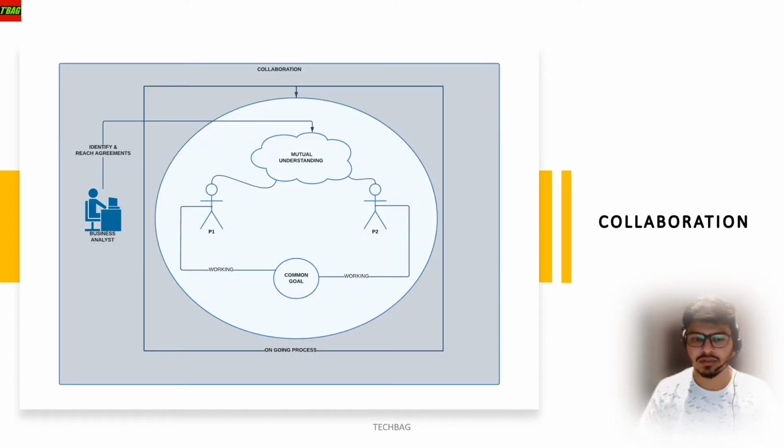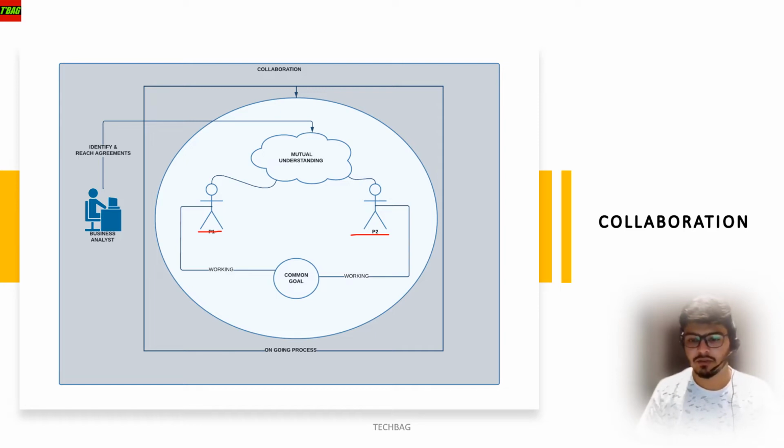Looking at the collaboration activity here, person one and person two are two people who are working toward a set of common goals. Both of them are working collaboratively for a common goal. That's what collaboration means.